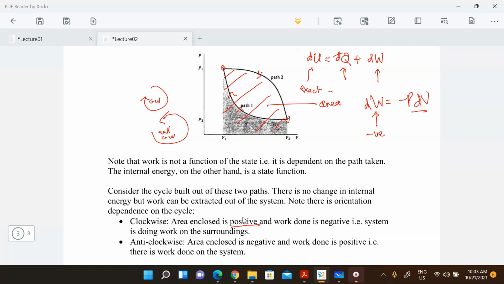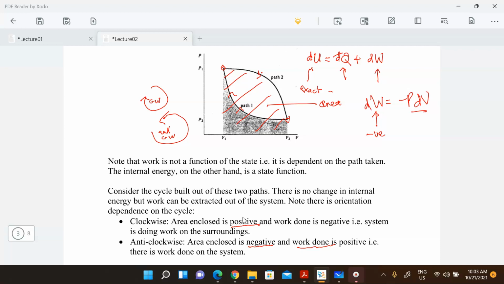If you take anti-clockwise, then you take this area minus that area, that will be negative. And using this formula, your work done is positive. So work done is positive, meaning that work is done on the system.